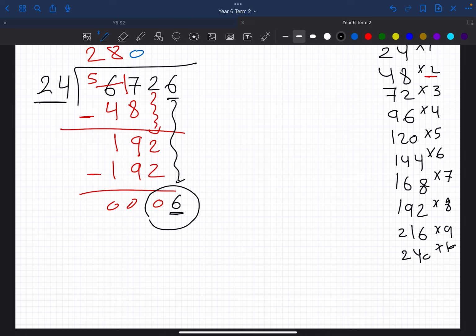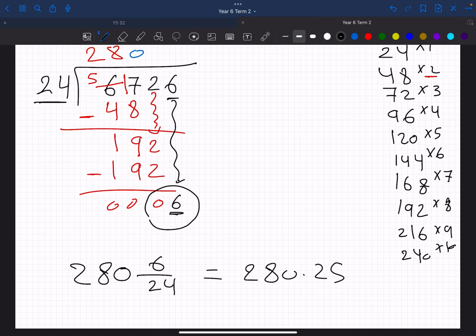So your answer should be 280 and 6 over 24, which, if you convert it into a decimal number, is 280.25. Okay? So you have multiple forms of the answer. What I need in the test, I need this.